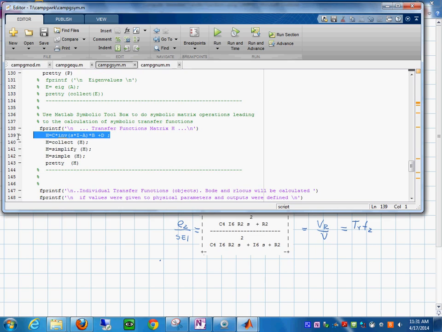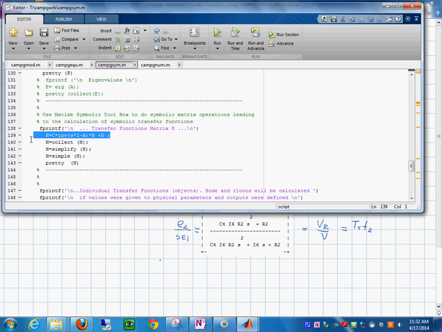So it's taking advantage completely of the state space form and the fact that using the matrices we can obtain any transfer function. The thing I'd like to add is that it's doing it symbolically, and this operation that you see highlighted in there is going through the symbolic toolbox of MATLAB.